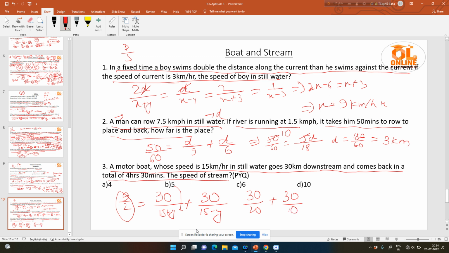The 30 by 20 would be 3 by 2, 1.5, plus it would be 3, that would be 4.5, and 4.5 is equal to 9 by 2. So the answer will be 5, right? So for this type of question, you can go with the help of the options also, then you can easily solve this type of question.